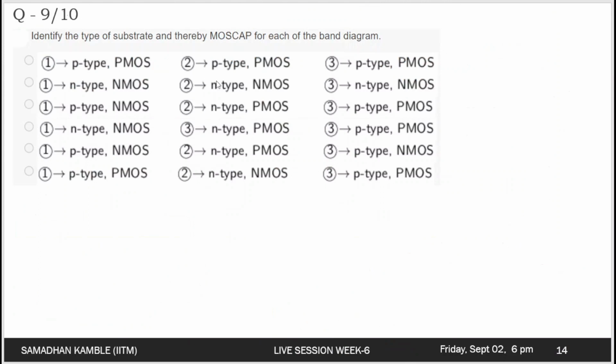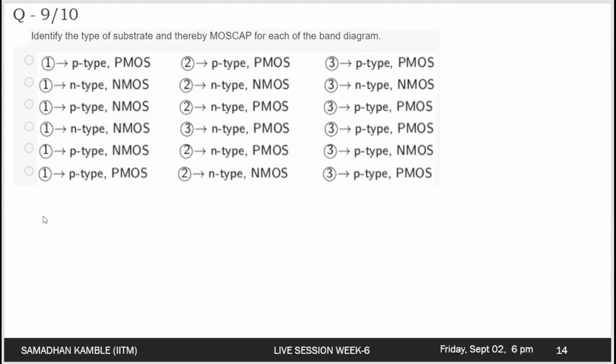The question is as follows: identify the type of substrate and thereby the Mos capacitor for each band diagram. One piece of information I can share is that the nomenclature for Mos capacitors is based on the inversion charge.